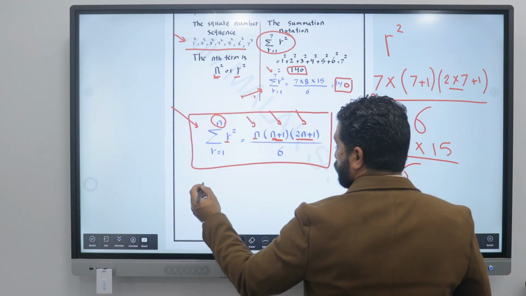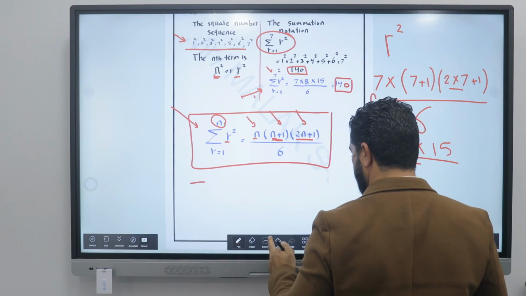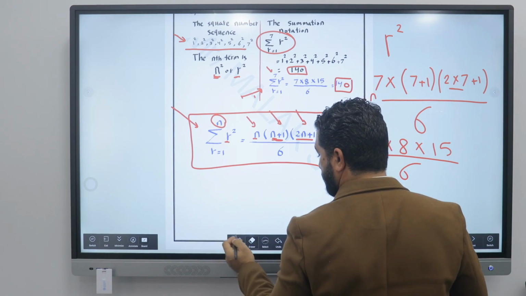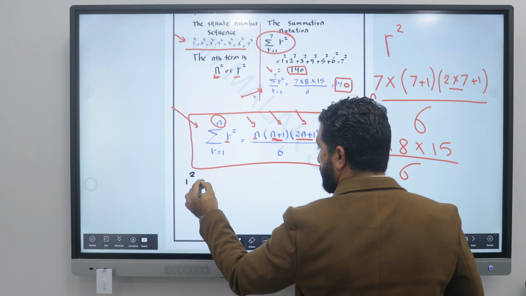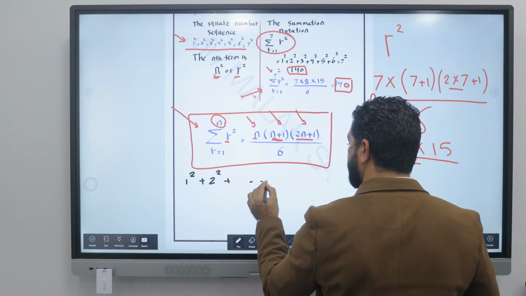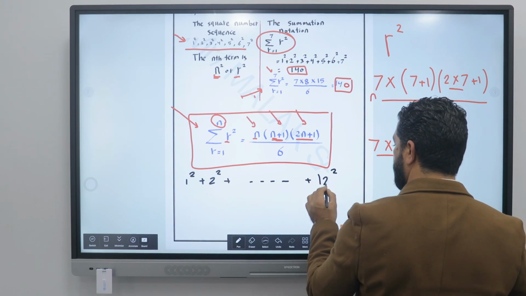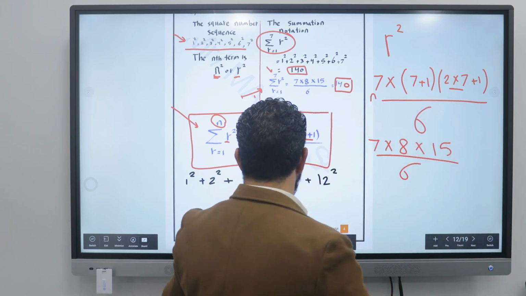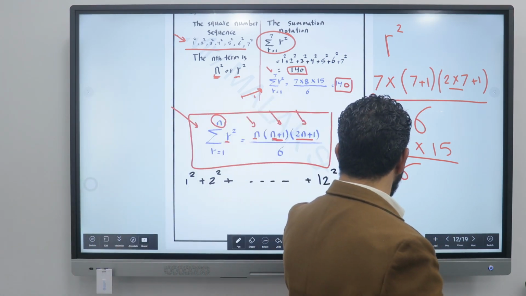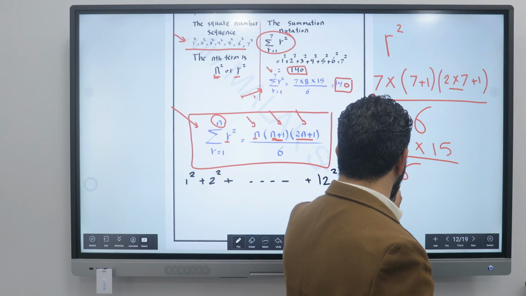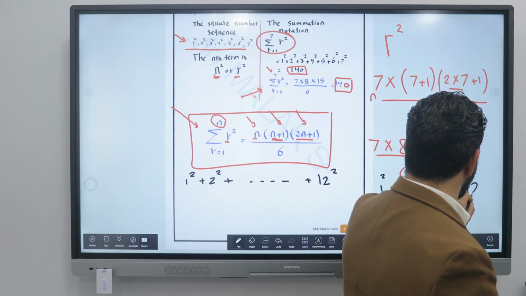So if I have a sequence like this one, 1 to the power of 2, pay attention, 1 to the power of 2 plus 2 to the power of 2 plus and so on reaching 12 to the power of 2. This is the summation, and the sequence I'm talking about is 1 to the power of 2, 2 to the power of 2, 3 to the power of 2, reaching 12 to the power of 2.